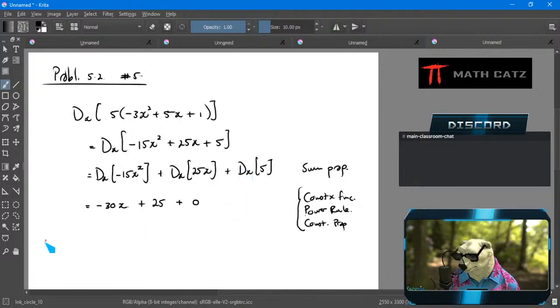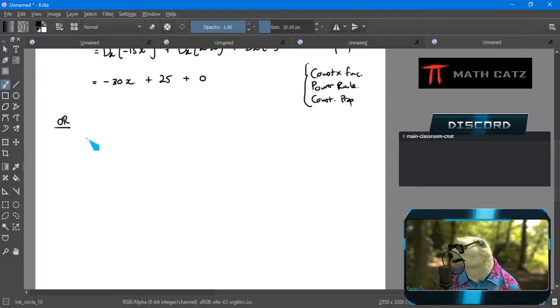Okay. The other option I had here, however, if I look at the original, whoa, that should be there. I'm just going to copy it down again. 5 times negative 3x squared plus 5x plus 1.